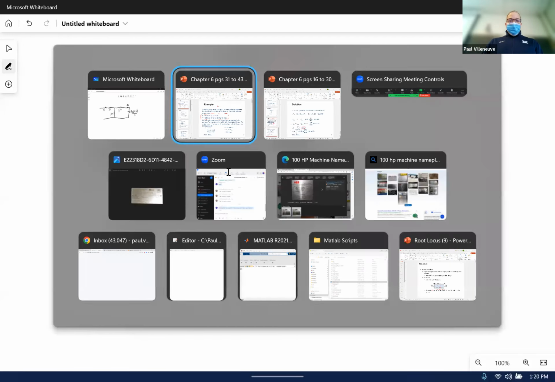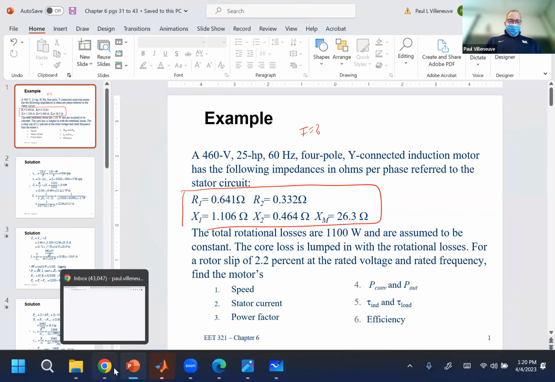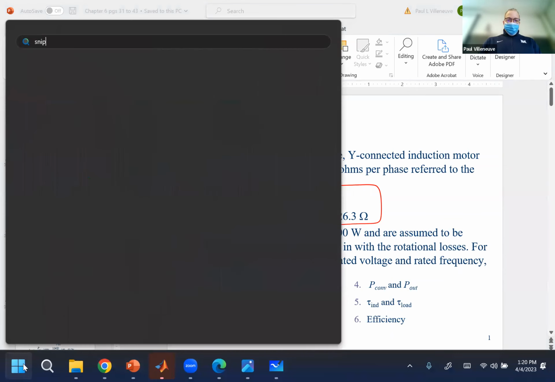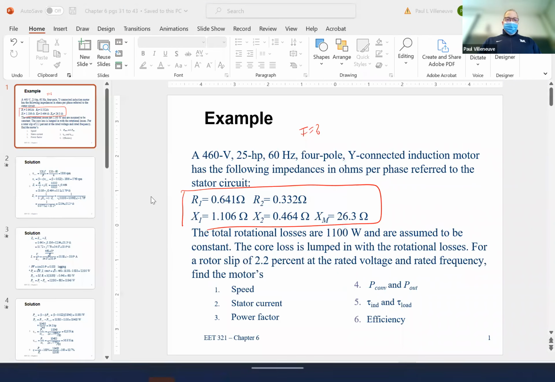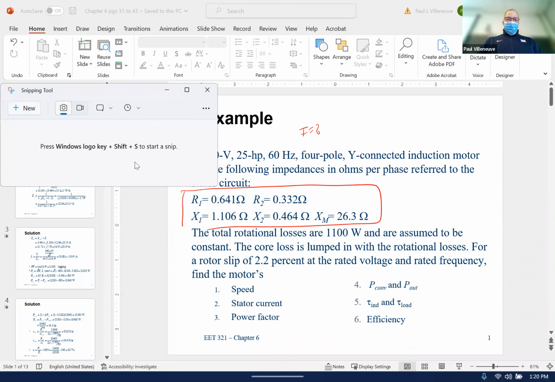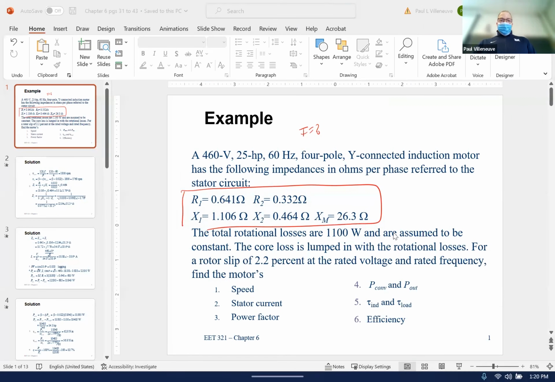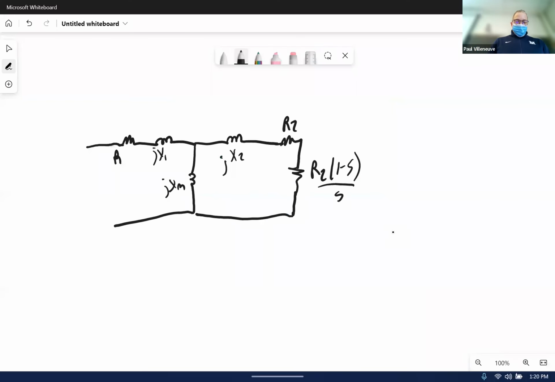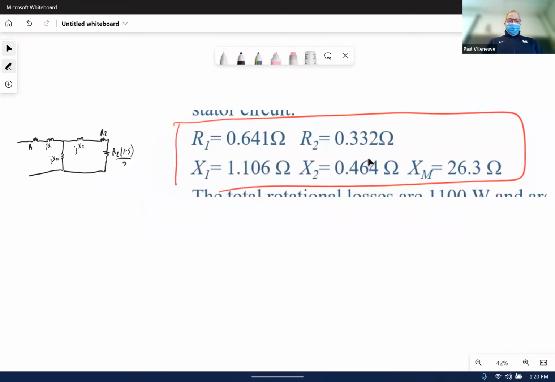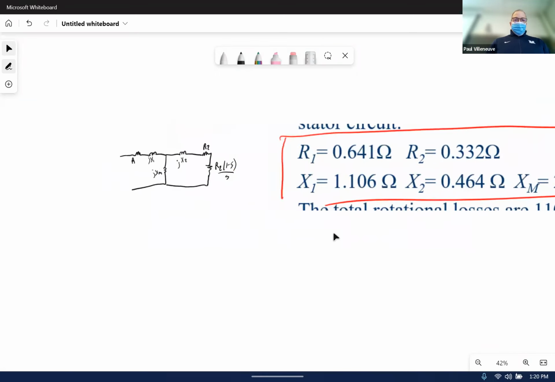Now we're going to start filling in some parameters. I'm going to use my snipping tool and snip this data over and put in these values. This is 0.641. This is 1.106 j.